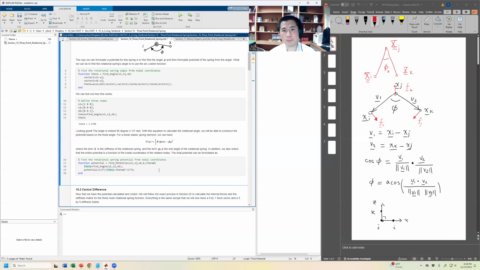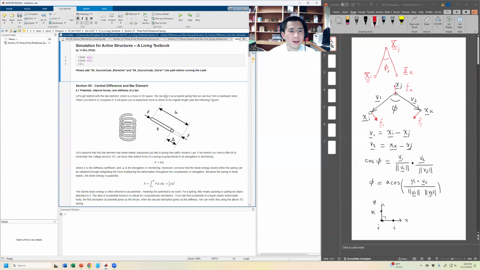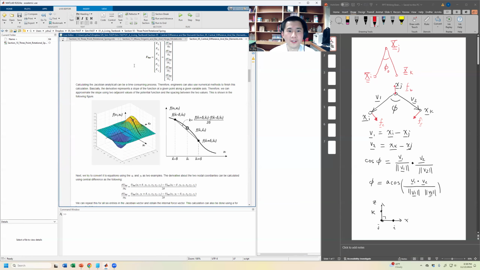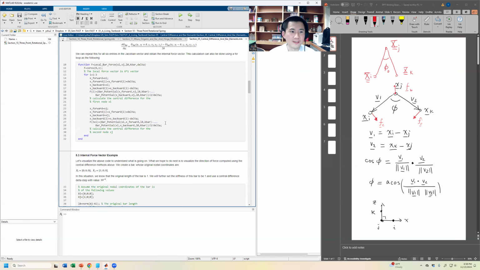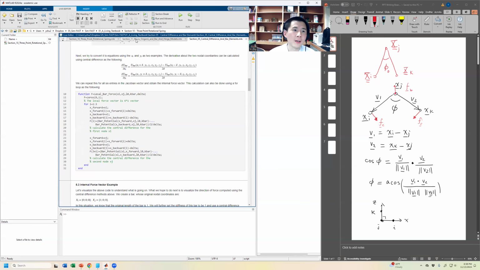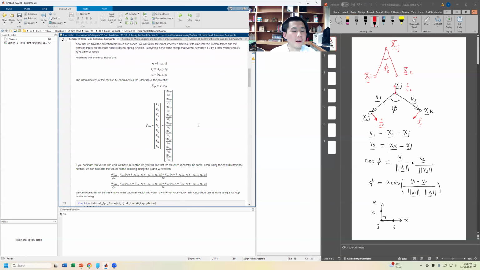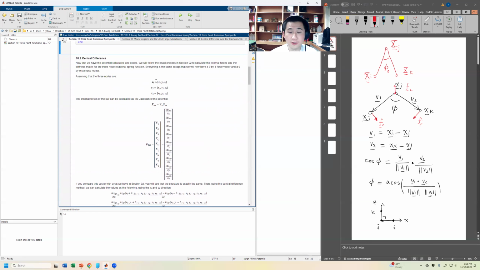So very easy, right? After that, we already have the potential. What we need to do is really just copy and paste the code we have from section 5 for doing the central difference, right? I pretty much did the same thing. But there's something a little bit unique here, because now instead of having just two nodes, we do have the third node, right?